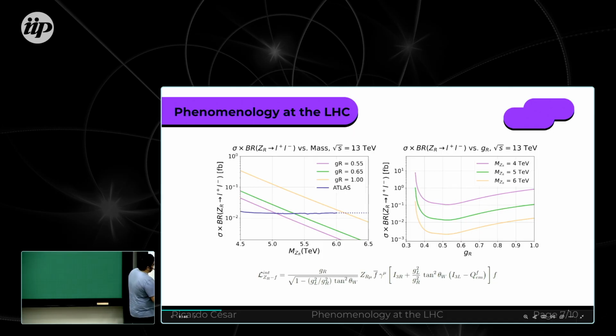This Lagrangian represents the interaction between the ZR boson and the fermions. As you can see, this coupling in front diverges when the value of GR goes below a certain point, which is 0.35. So it overproduces fermions, basically, and the cross-section goes up.